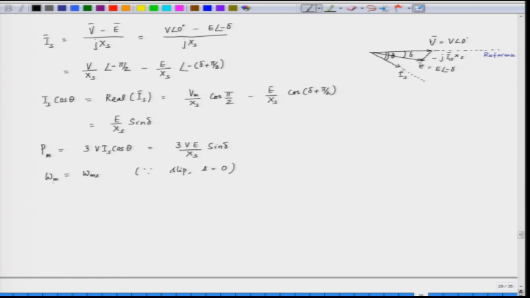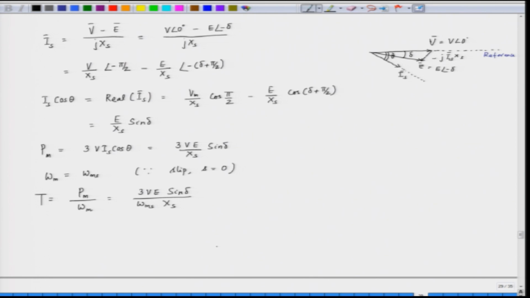So, what is our torque? Torque is given as the mechanical power by the rotor speed, that is equal to 3 V E sin delta by x s, and we have to divide by the synchronous speed. So, this is what we get here.